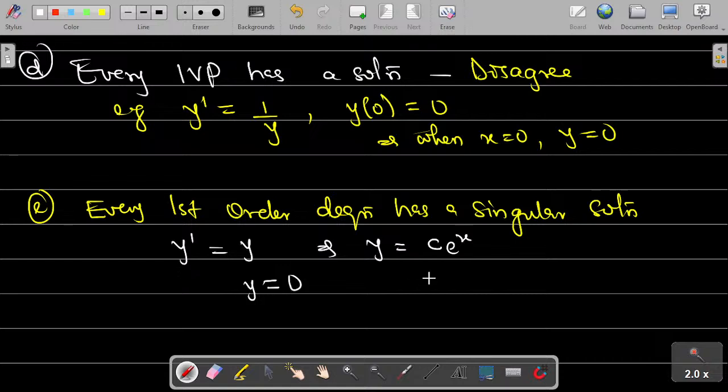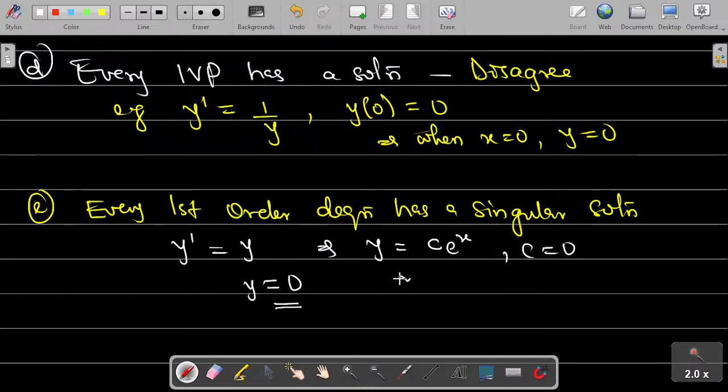Most times our singular solutions are usually constant solutions. Remember I said most times, that means not all the time. So it's possible to have a non-constant solution as a singular solution. But now this is the only possible constant solution here, and we can clearly see that it can be generated from here by making c equal to 0.